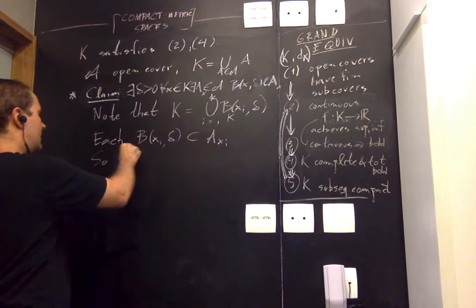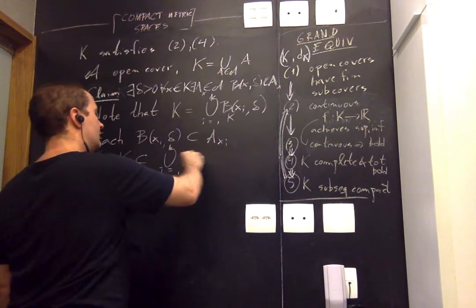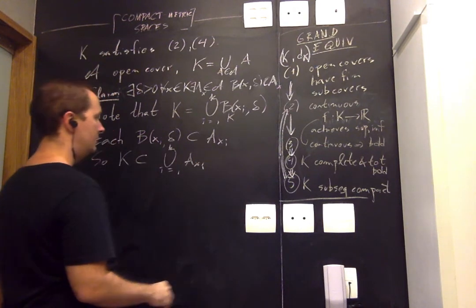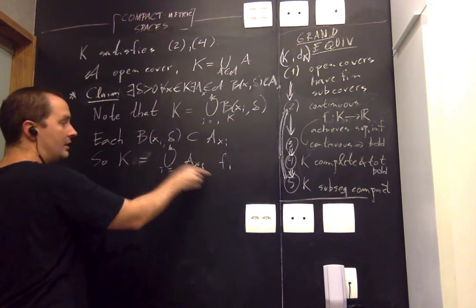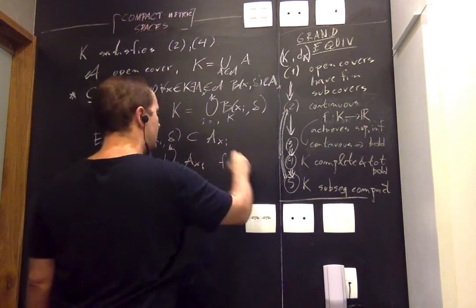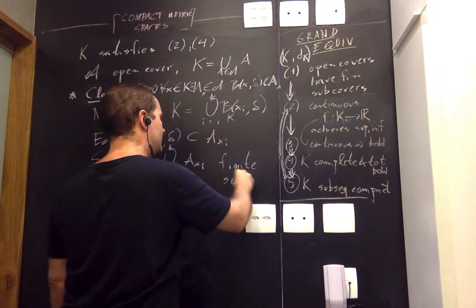So K is contained in the union from i equals 1 to k of A sub x_i. And it's actually equal, because again, nothing lies outside of K in our universe. So what did we do? We found a finite subcover.